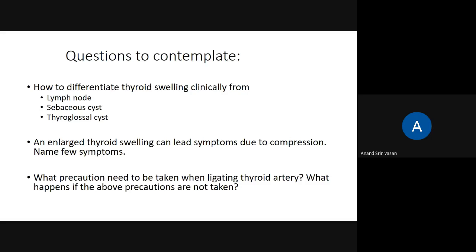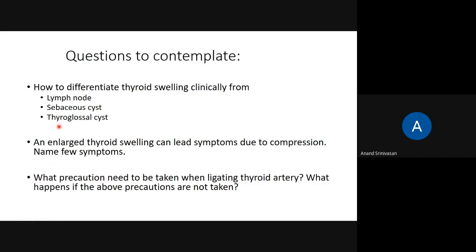When you ask the person to swallow, the deep fascia of the neck moves, and the thyroid swelling also moves. So how do we exclusively find out which is the thyroglossal cyst?